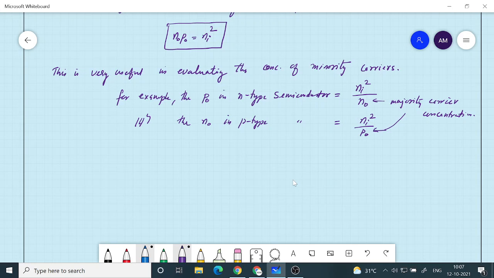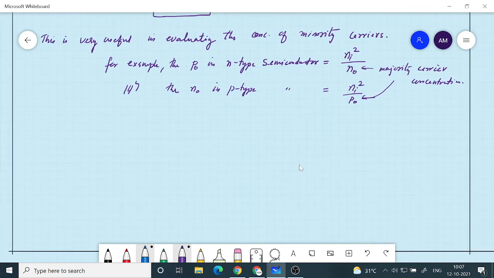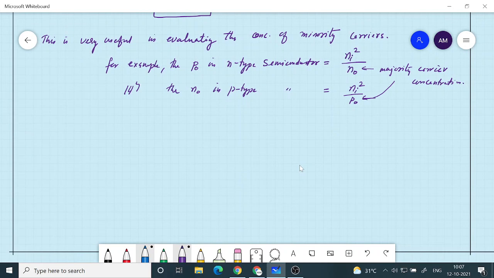To do that, we need to look at a few things. Number one, we need to look at how the occupation of the donor impurity states and acceptor impurity states happens.